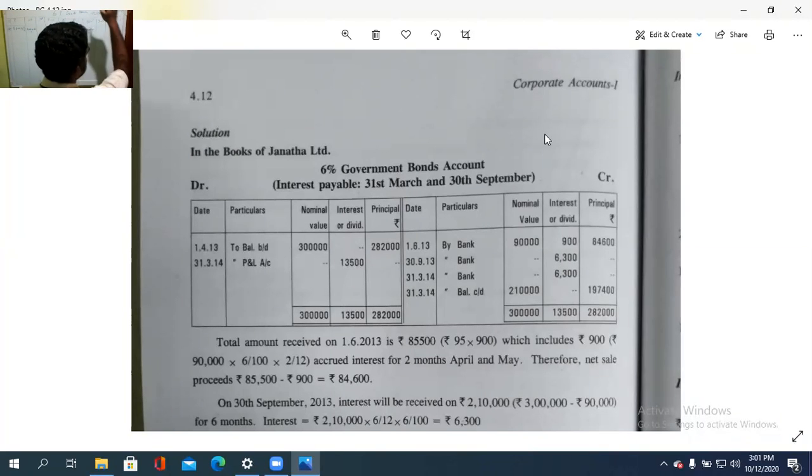So it is 900. See, 900 is the amount for that, isn't it? The interest amount is 900. So 90,000 minus 900, isn't it?